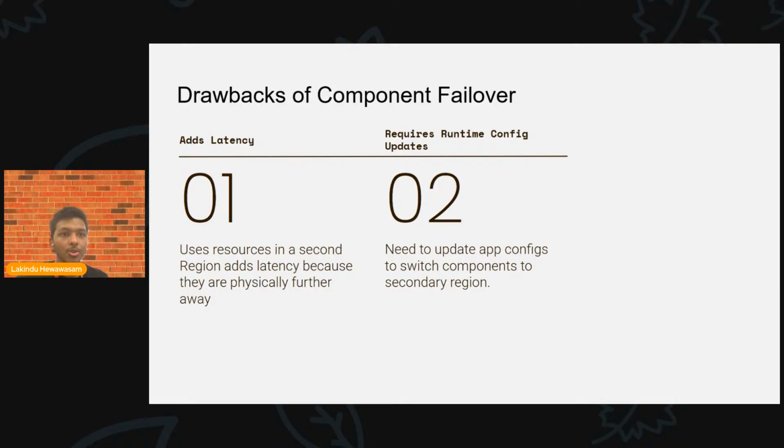And you have to make sure you manually update your application configs to switch your components to the secondary region. Finally, this becomes a really big problem to test, because if you are running a serverless architecture, you probably have a lot of serverless components like SES, SQS, SNS, Lambda, and so on.